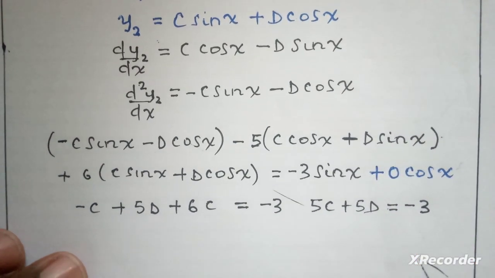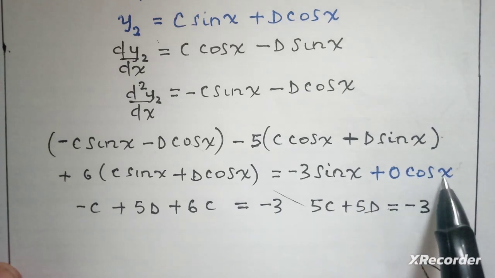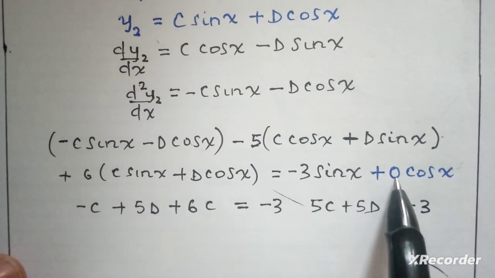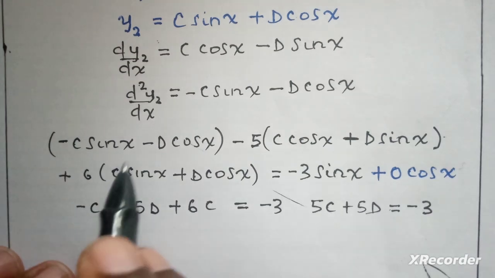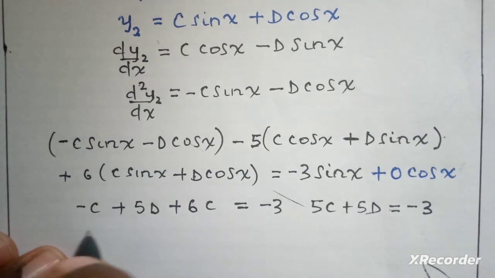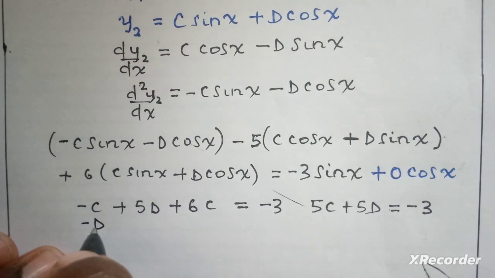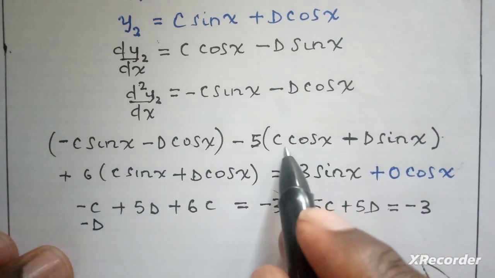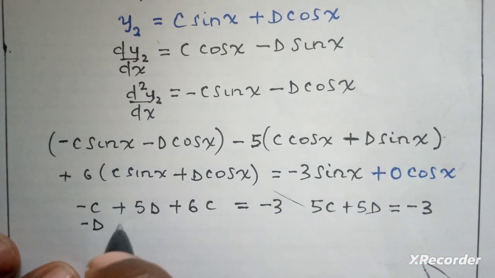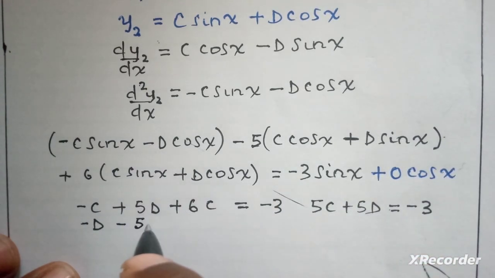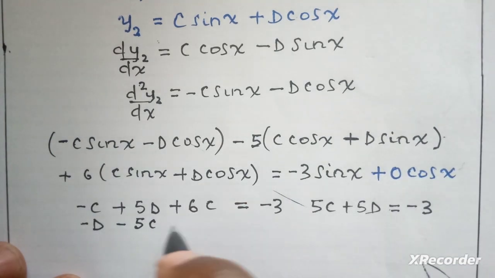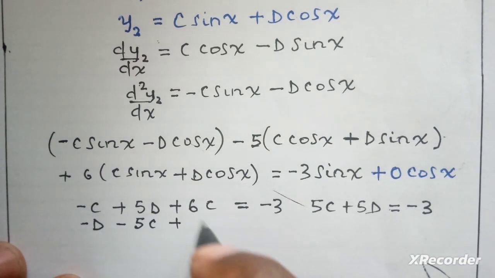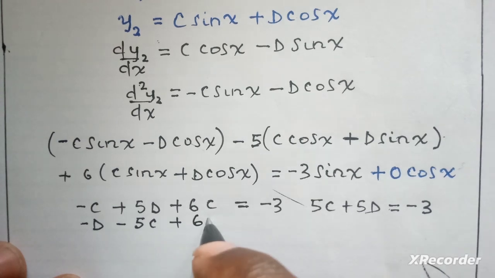Now let us look for the coefficient of cos. Coefficient of cos this side is 0, so we shall have 0. But here we have minus d, and here we have minus 5c, and here we have plus 6d.